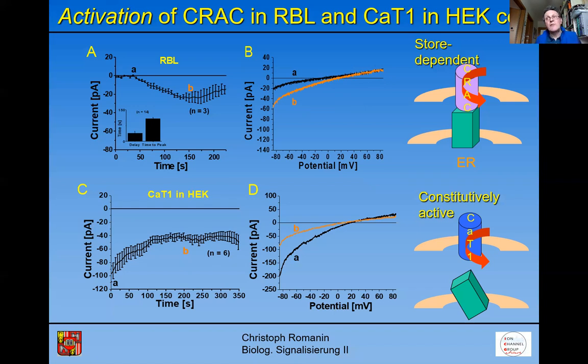But the main difference is that in these cells, it's not under the control of the ER stores. And actually, we are looking for a store-operated calcium channel, this CRAC channel, but this seems not true as long as CAT1 is expressed in the human embryonic kidney cells.